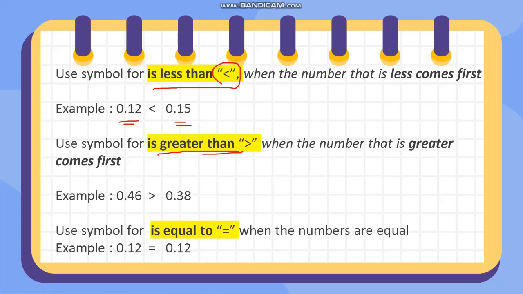For example, 46 hundredths is greater than 38 hundredths. And we use the symbol for is equal to when the numbers are equal. For example, 0.12, or 12 hundredths, is equal to 12 hundredths.